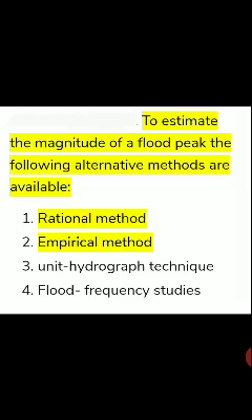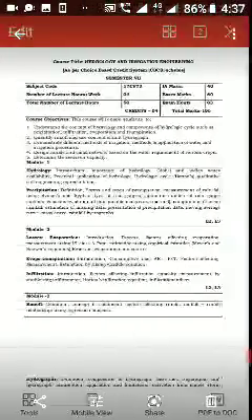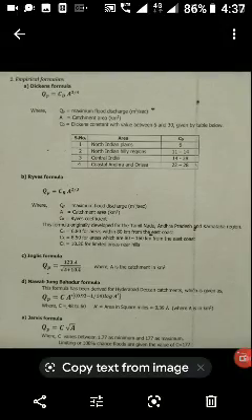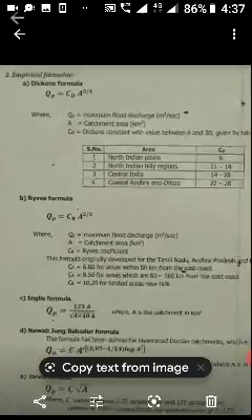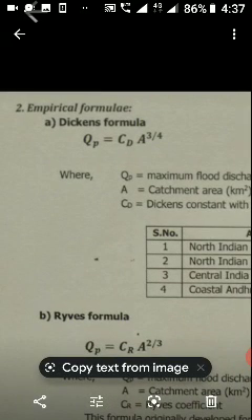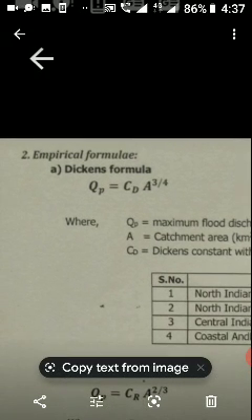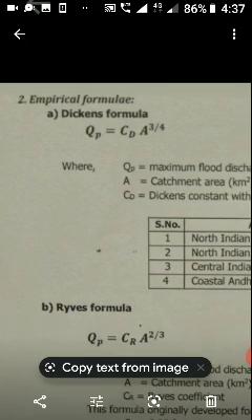So next is empirical formula. On the screen you can see the empirical formula. Dickens formula is given.